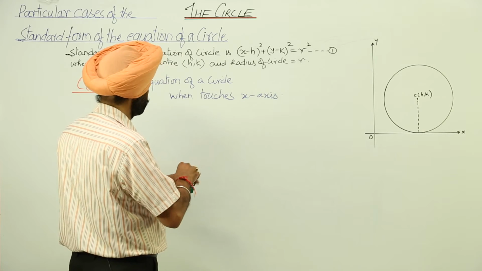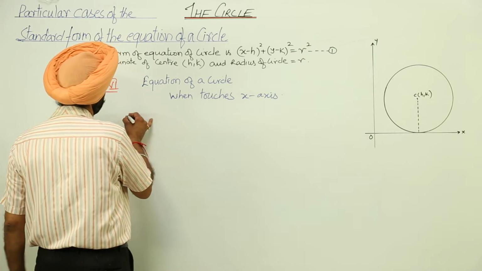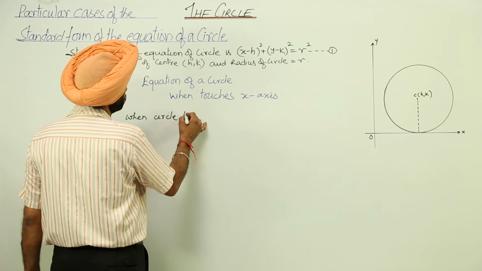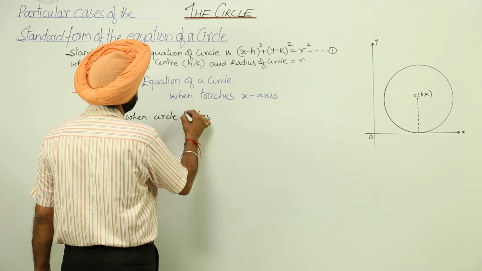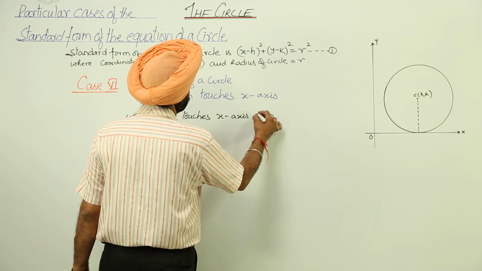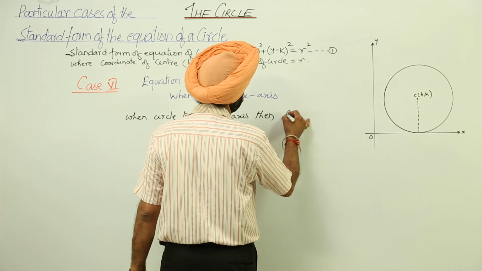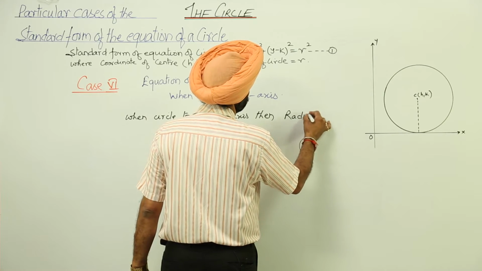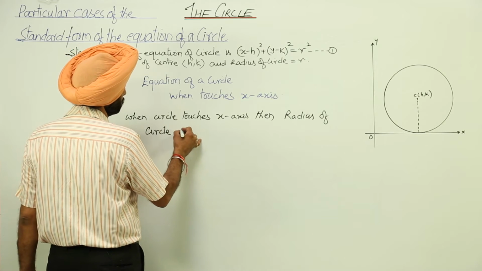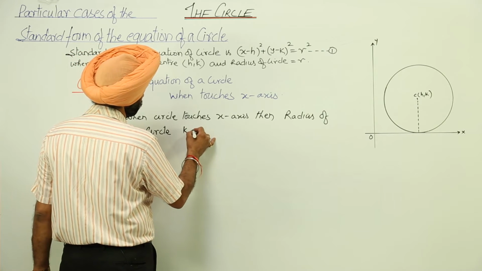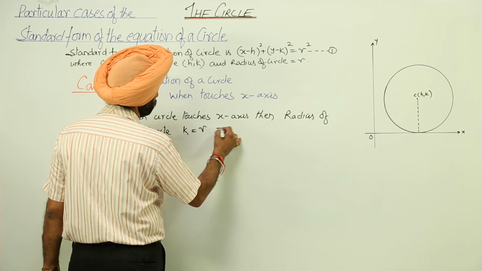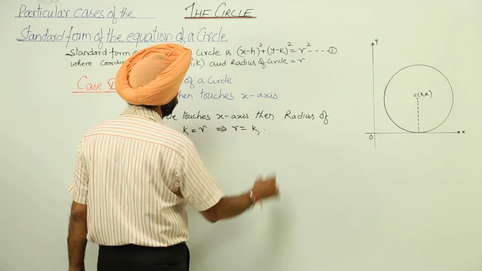Now here, when circle touches x axis, then radius of a circle k is equal to r, or you can write it r is equal to k.